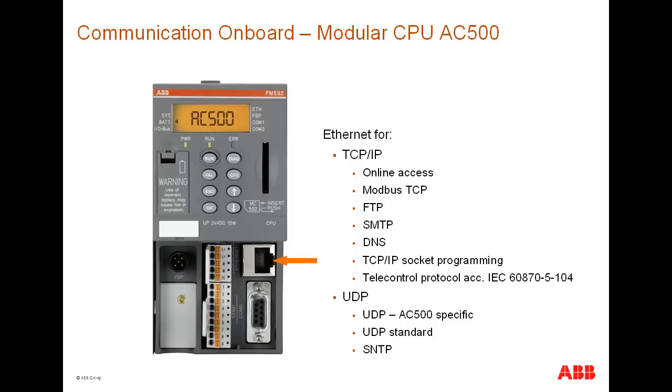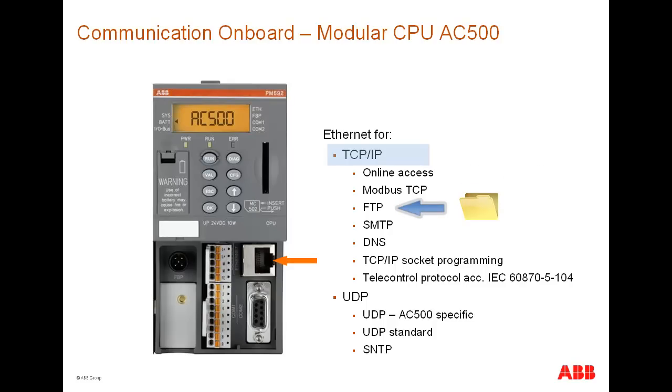Now let's look at the built-in multi-purpose RJ45 Ethernet port. This port primarily supports two major Ethernet protocols called TCP/IP and UDP. While in TCP/IP mode, it could support a number of functions, for instance online access. Online access allows the user to download a program from an engineering PC, or allows monitoring the CPU data in a HMI panel.